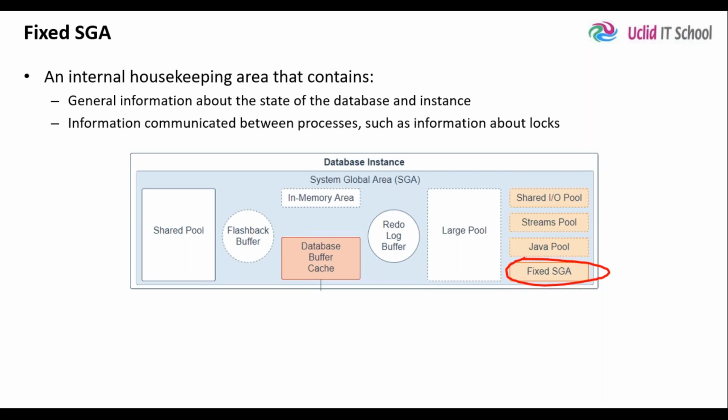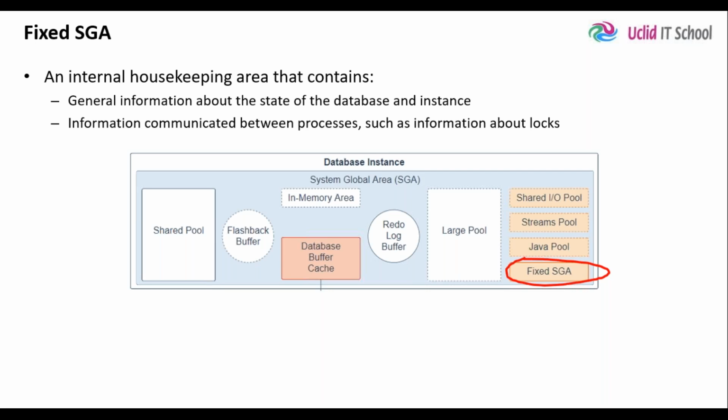Out of 1 GB, Oracle may assign 200 MB to shared pool, 100 MB to buffer cache, 1 MB or 5 MB to redo log buffer, and say 100 MB to large pool, 400 MB to in-memory area. Like that, Oracle can decide. So you are automating SGA management, or you can manually configure the size for each of these components.